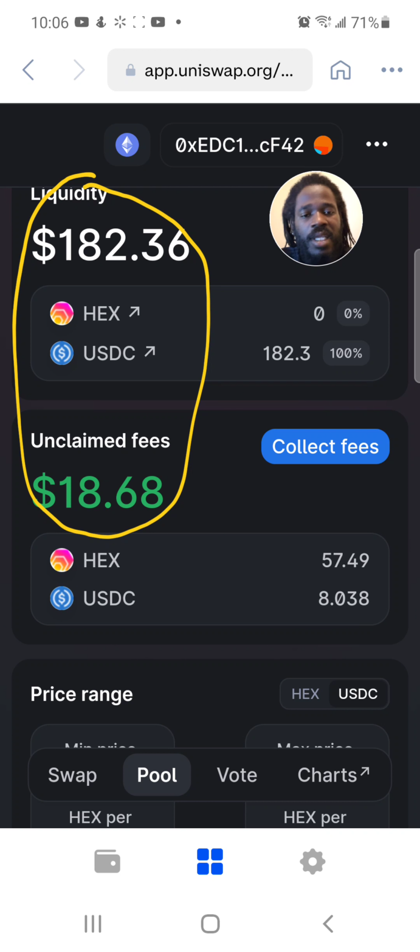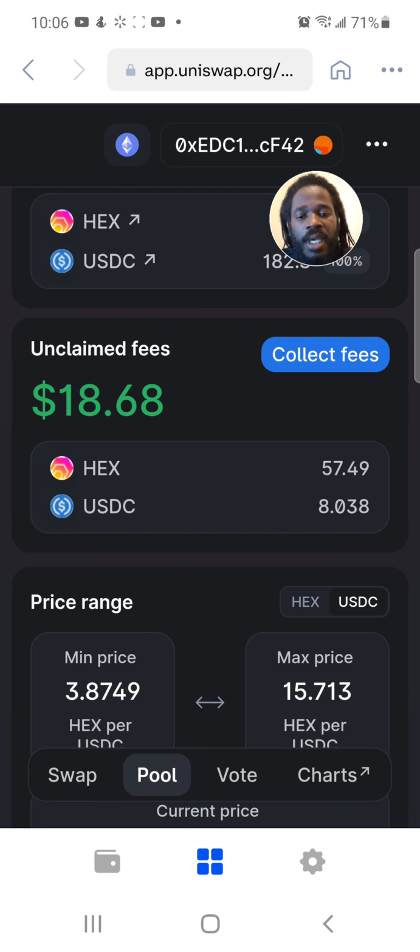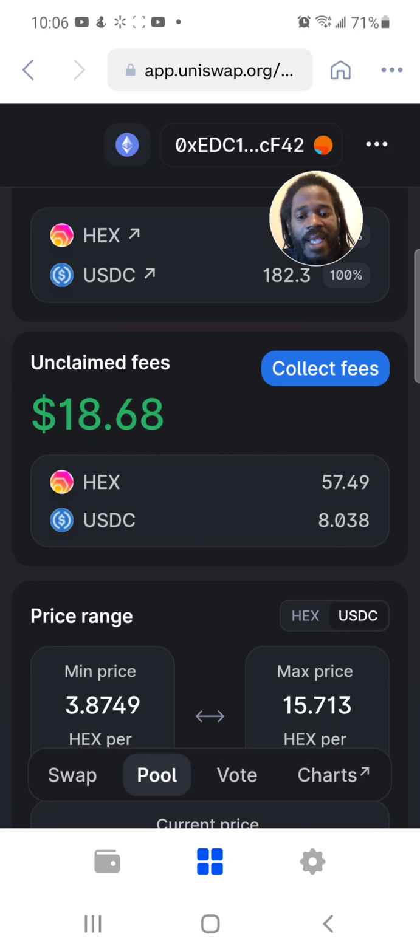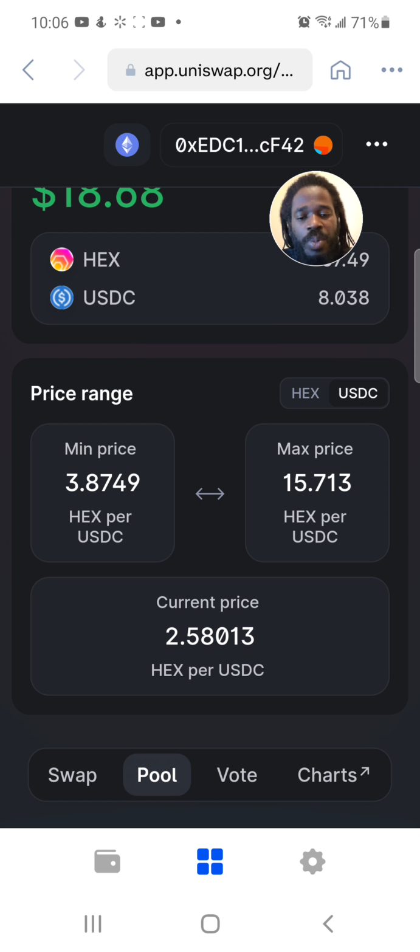All right, as a liquidity pool provider, I earn money when the pool is used. I get fees. I get 1%, all right? And everything was going grand until HEX's price went outside of the original price range.